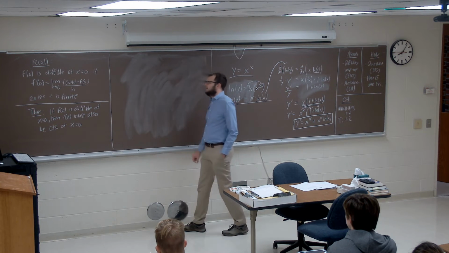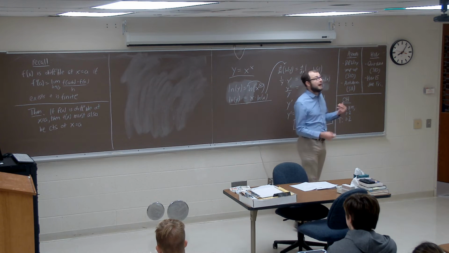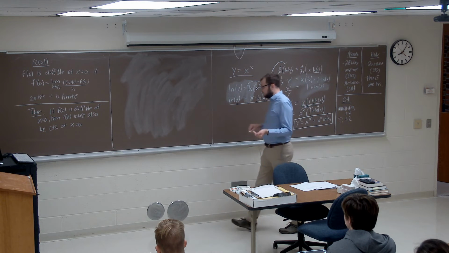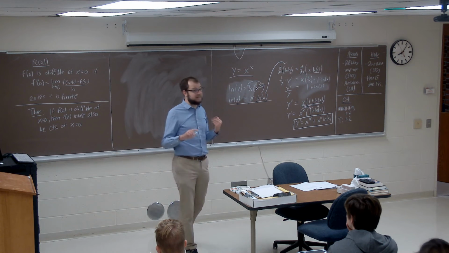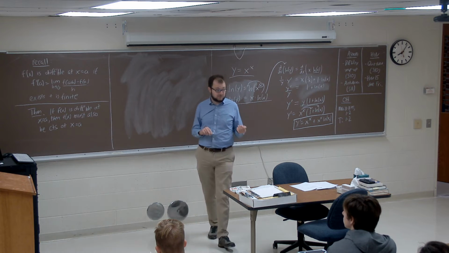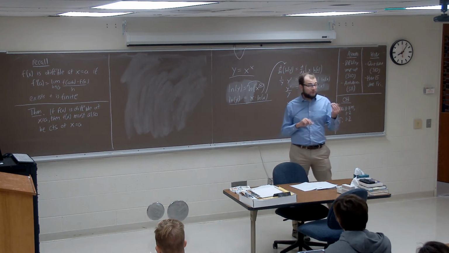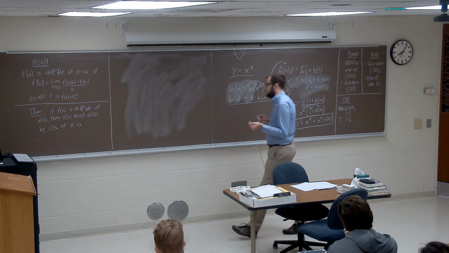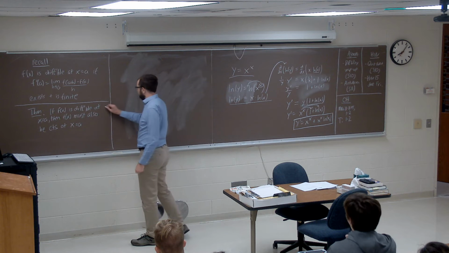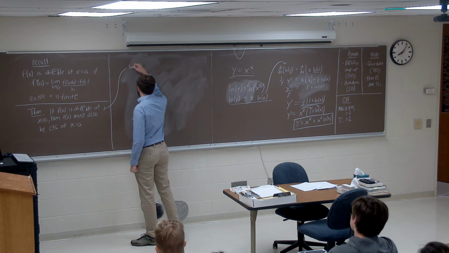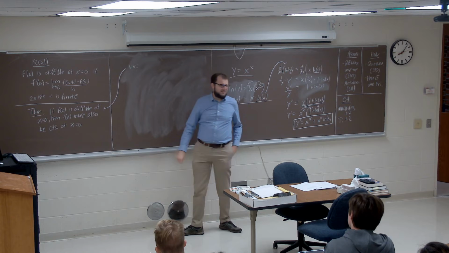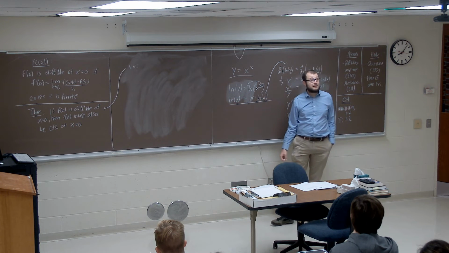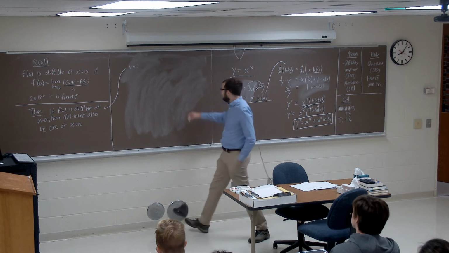And what we said towards the end of class is that if you have a function that's differentiable at a point a, then your function also has to be continuous at a. So in other words, if your function fails to be continuous at a point, there's no possible way for it to be differentiable there. What about the vice versa here? If we have a function that's continuous at a point, does that automatically mean it has to be differentiable there?